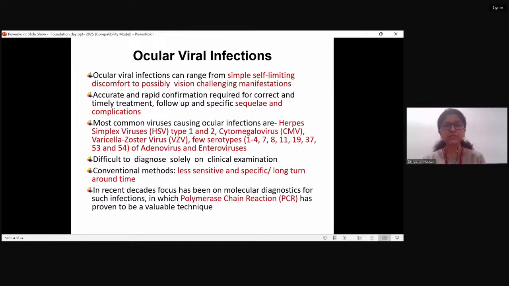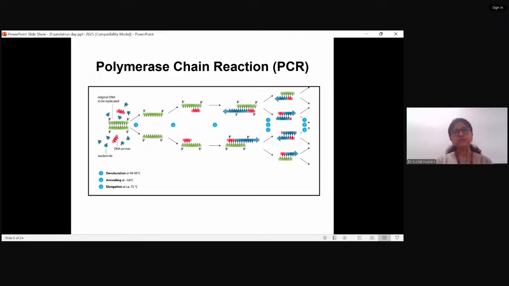We also know that conventional methods are not of much help because of their various limitations in detecting viruses, and polymerase chain reaction has proven to be a valuable technique and has become quite popular recently. Now, in polymerase chain reaction, a signature genetic target of each pathogen is identified, and then it is amplified with the help of the steps of denaturation, annealing, and elongation.